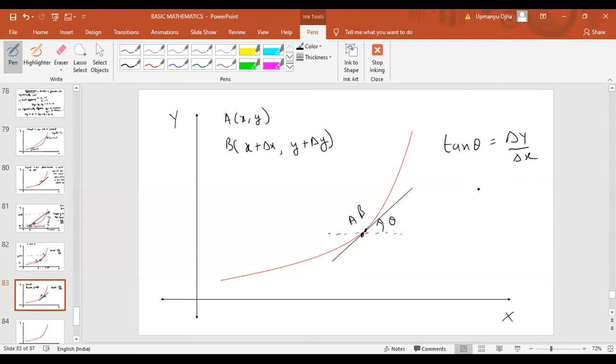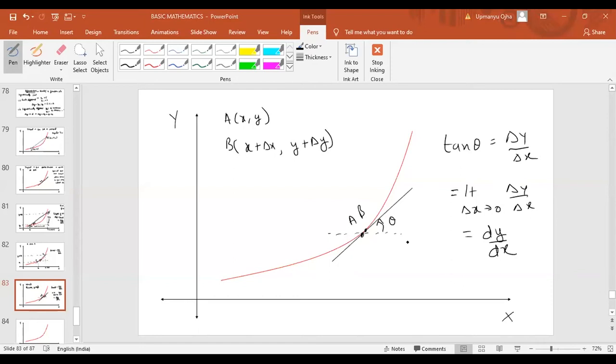So can we write here as what? Tan theta, the limit as delta x tends to 0. If the value of delta x tends to 0, then this delta converts into a derivative. Therefore, tan theta will be equal to derivative of y by derivative of x, the derivative of y by derivative of x.